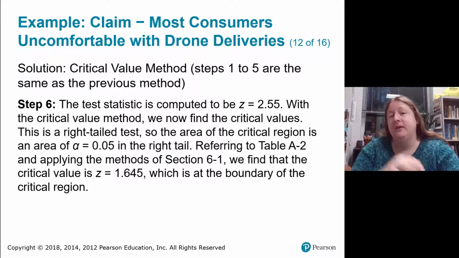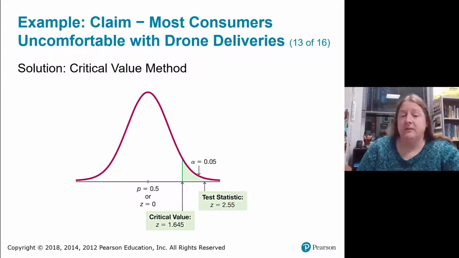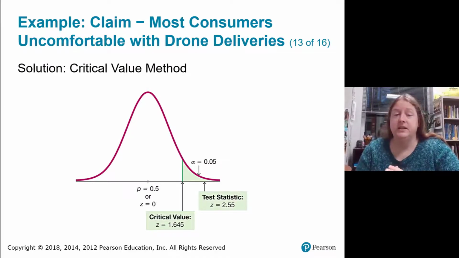Now, that z-value that we just found is the boundary of the critical region. So here we have a picture of what's going on here. So we found our test statistic, and then we find our critical value, where the area to the right of that critical value is 0.05, which is our alpha value. Right?